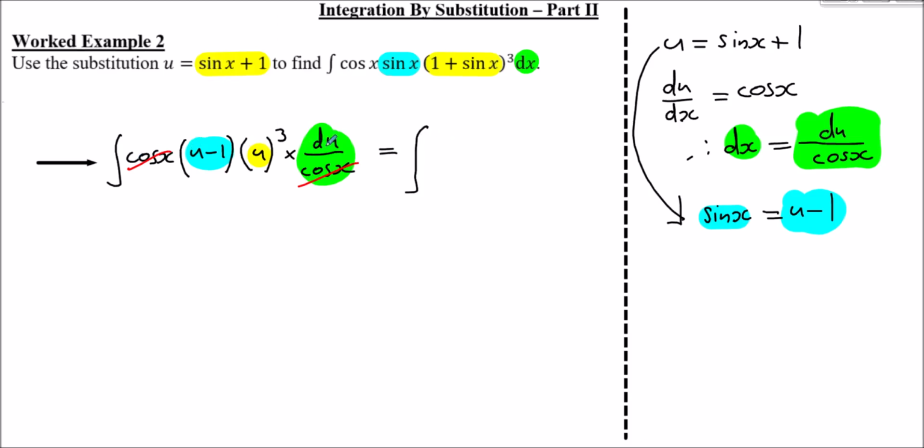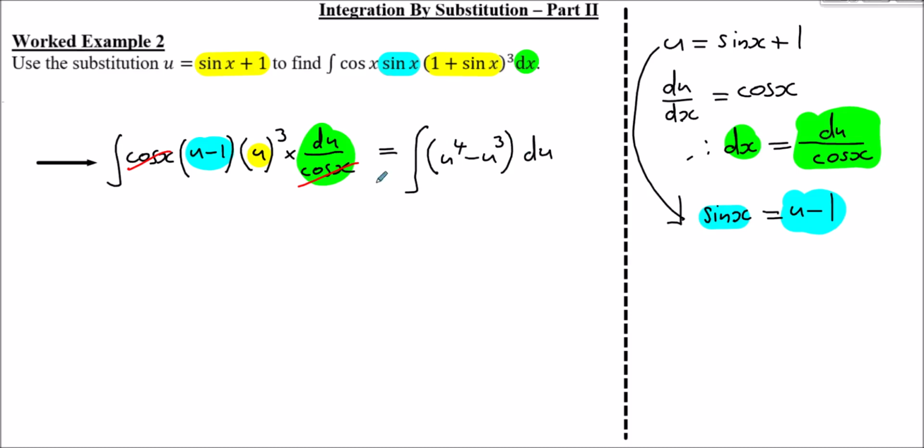The next step, just let's rewrite this slightly simpler now. So it's going to be with respect to u. I've got u times u cubed, which is u to the 4, minus 1 times u cubed. I'm just expanding the brackets out. That will give u cubed. Close brackets, and then I'll have du. I can then go forward and just solve, essentially.